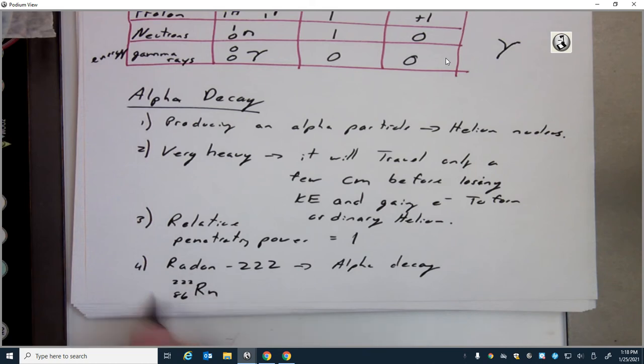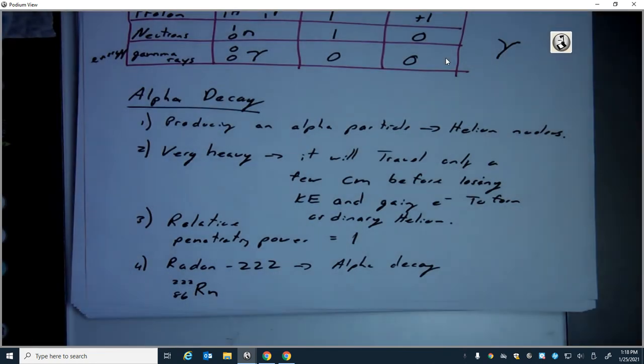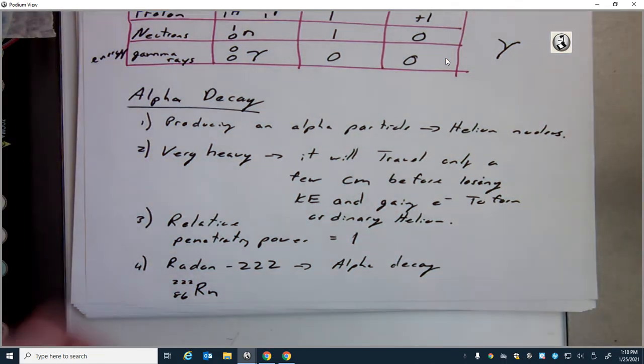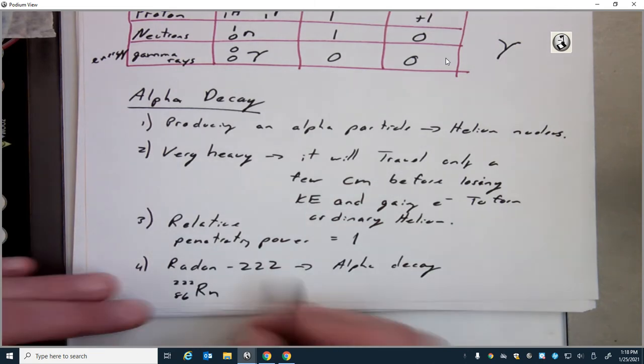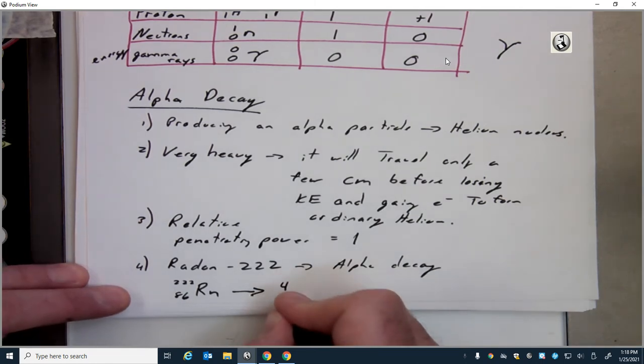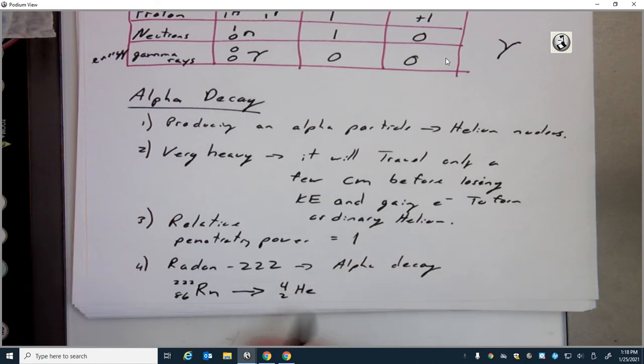This is what's called the parent material, what we're starting with, a radioactive nuclide. It's going to go through alpha decay. We put an arrow, and as soon as I know that it goes through alpha decay, I write the symbol for an alpha particle, 4-2He. This is the radiation it's going to give off.